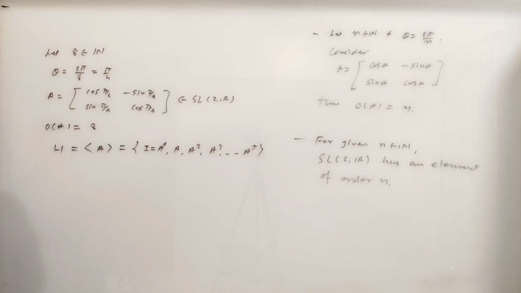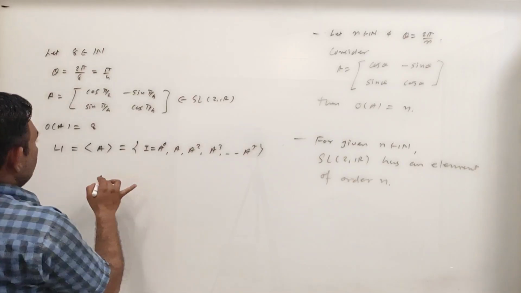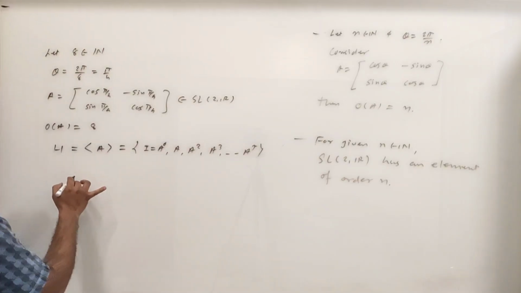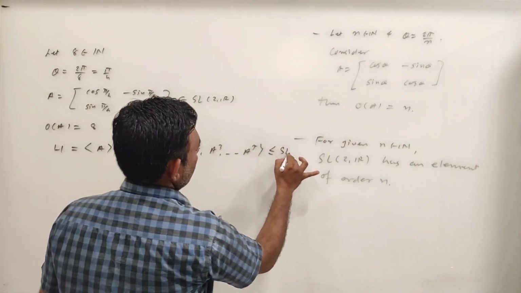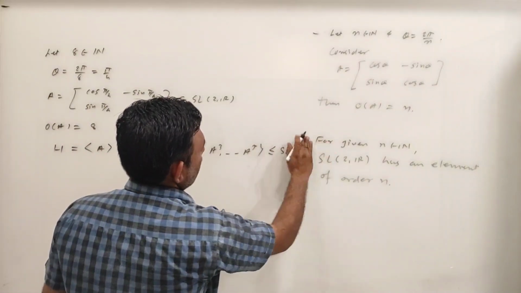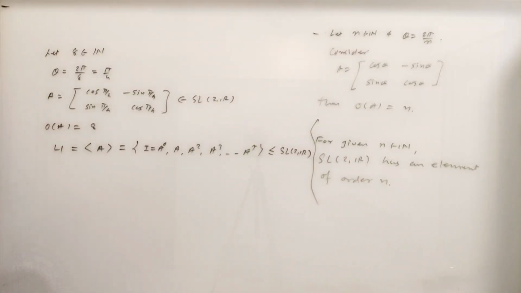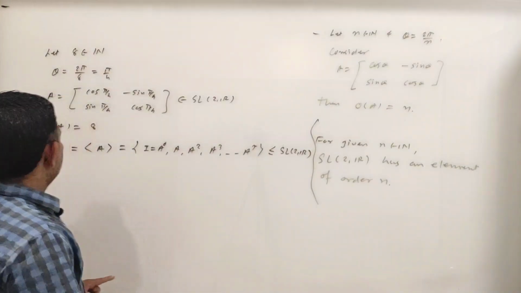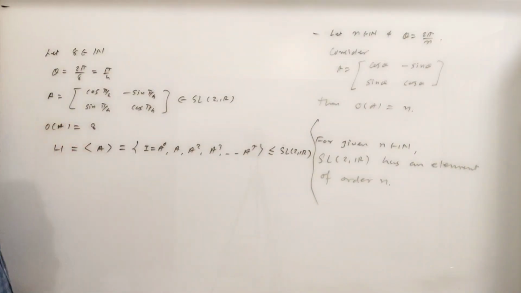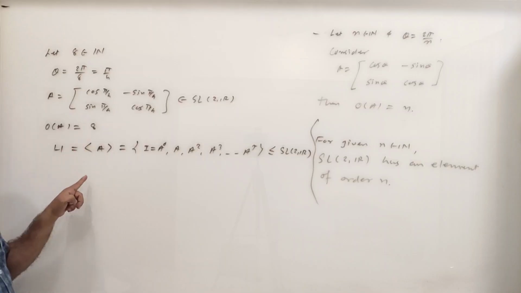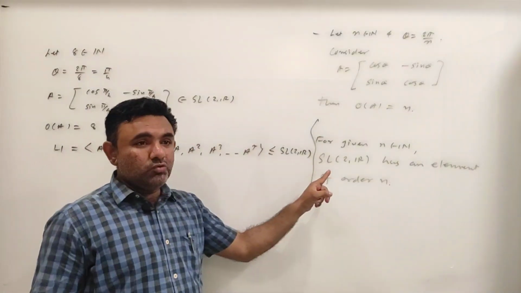This H is a subgroup of SL2R, right? And this is a cyclic group of order 8, and it is in SL2R.